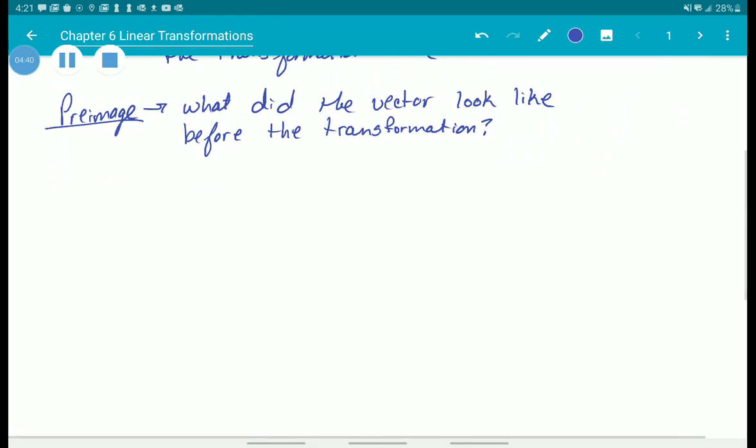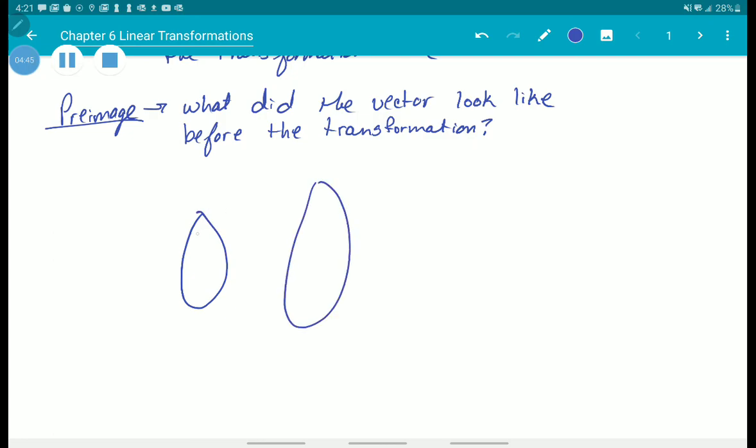We could even create, suppose we had a table that looked like this, and we had a mapping here, and I asked you to identify the domain and the codomain and the range.